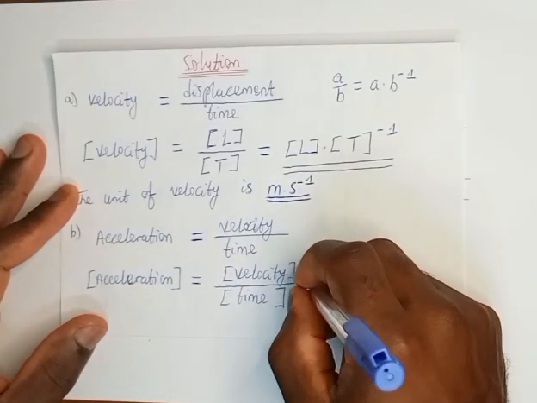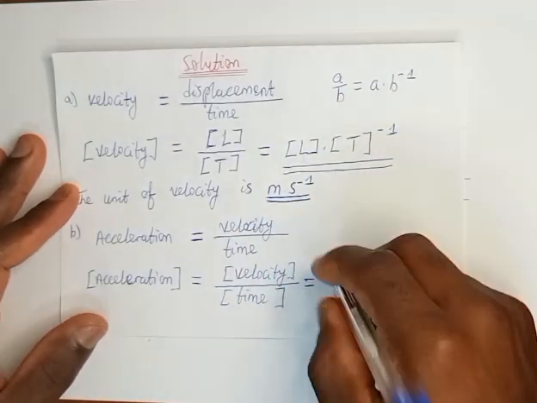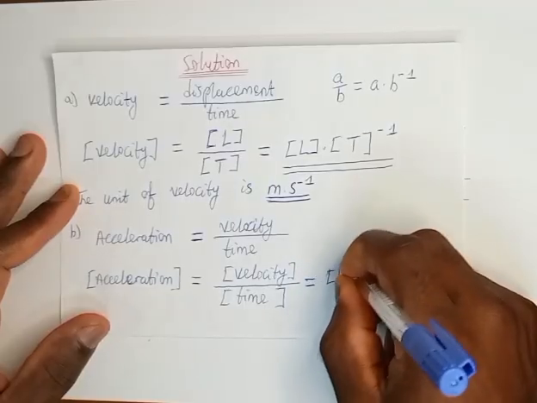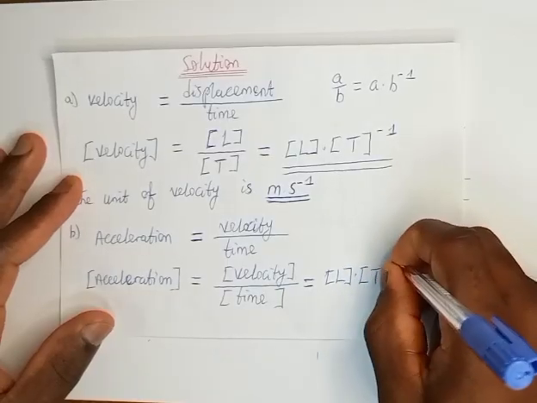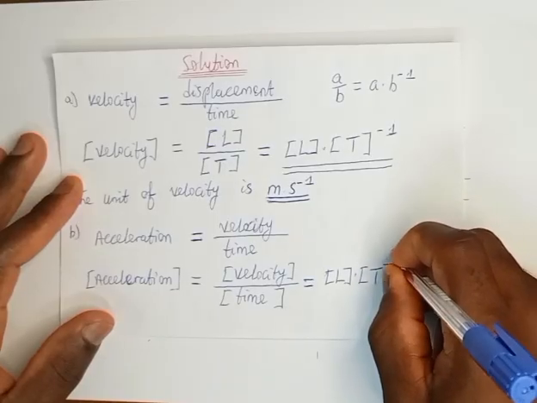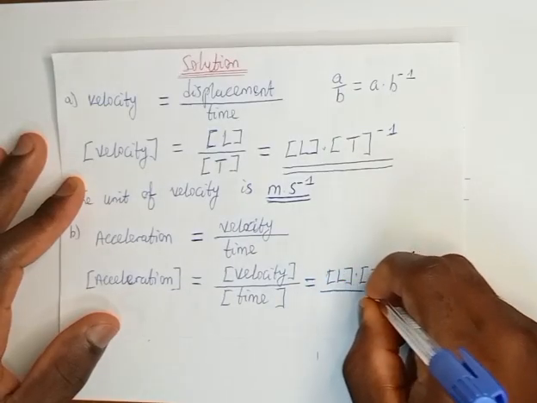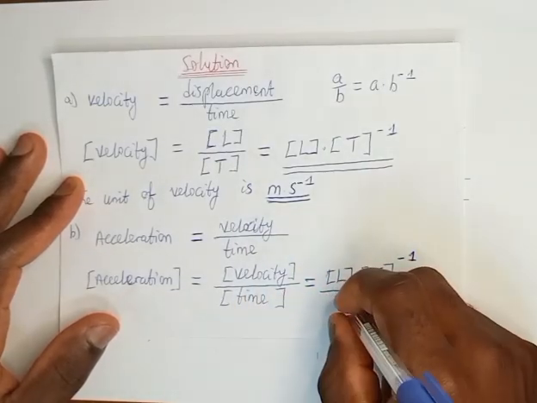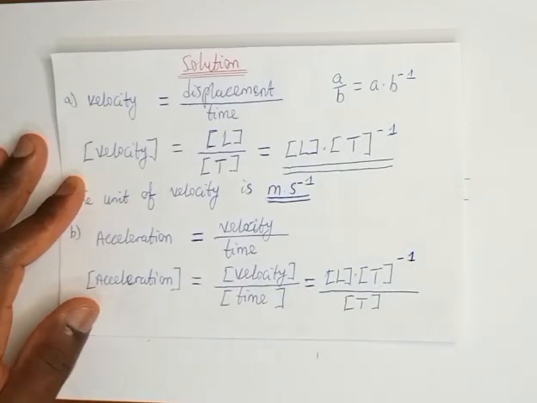This is it. We have L in square brackets times T in square brackets, all raised to the power negative 1. You divide this by the dimension of time, which is T in square brackets as such.